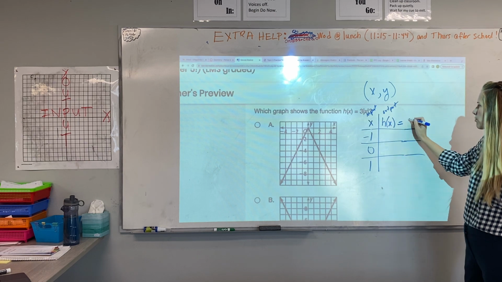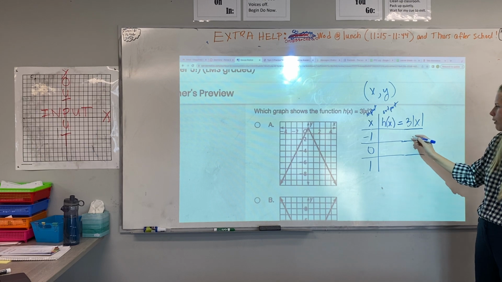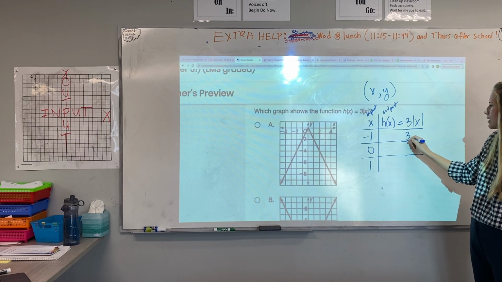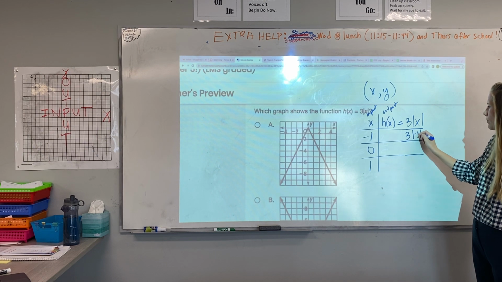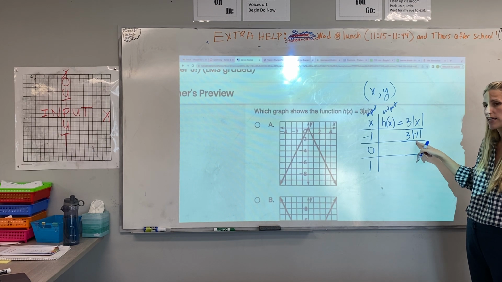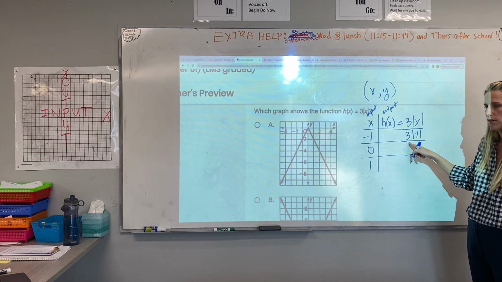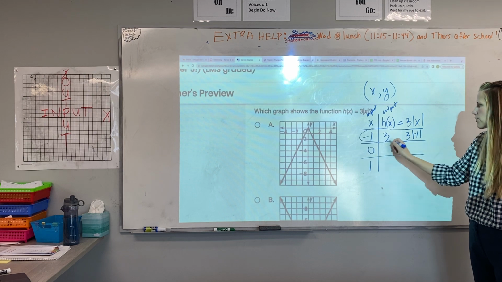So, 3 times the absolute value of x, that's my original function. Now we're just going to plug things in. 3 times the absolute value of -1. Absolute value of -1 is what? +1. +1 times 3 is 3. So that's the first coordinate pair.